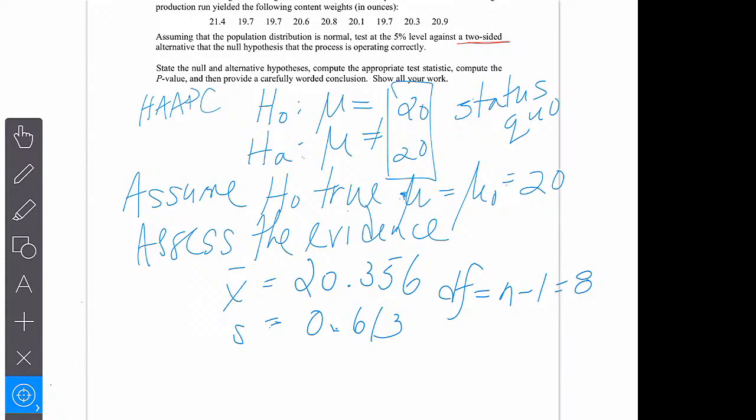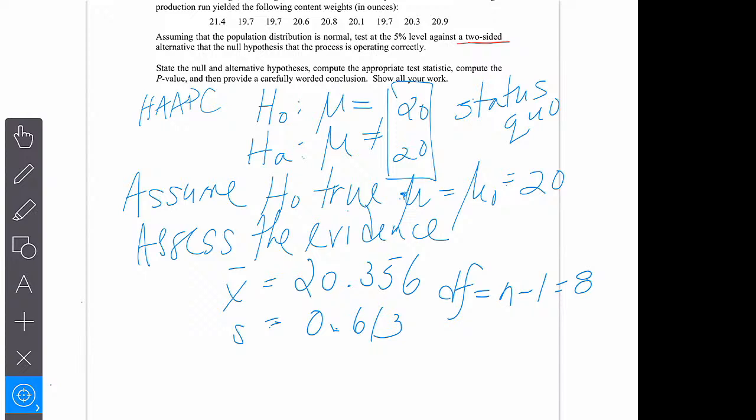So we haven't found any evidence against the hypothesis. Well, it depends. It depends how much variation is in the numbers and whether 20.356 is just as good as 20 or if it's significantly different, if it's far enough away.